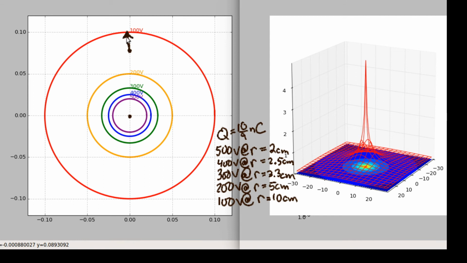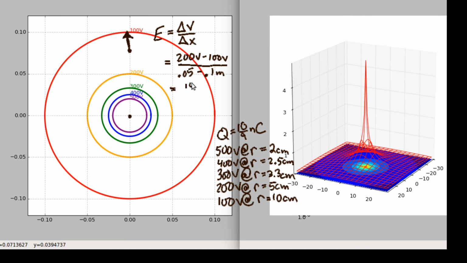And how big is that electric field? Well, I know the size of the electric field is going to be the change in voltage over the change in distance. So in this case, that's going to be 200 volts minus 100 volts over 0.05 meters minus 0.1 meters.